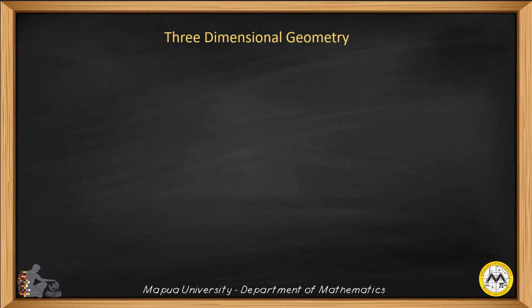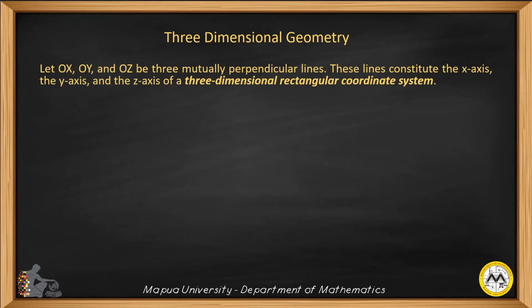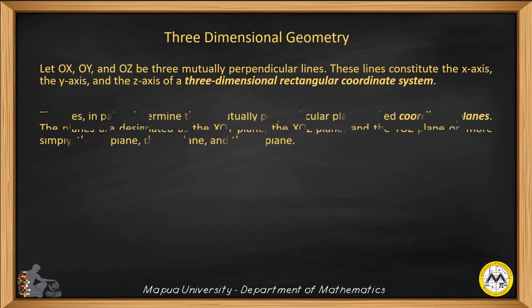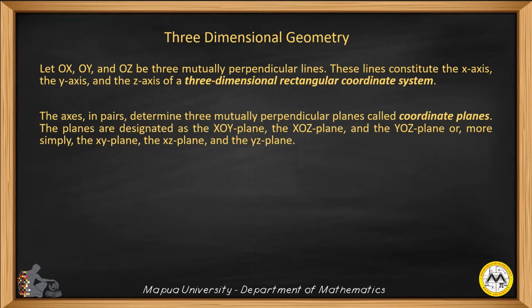Okay, first we take a look at the three-dimensional coordinate system. In this particular system we will be working with 3 coordinate axes, the x, y, and z axes, intersecting one another at a common point, which is the origin, and these 3 are said to be mutually perpendicular to one another.